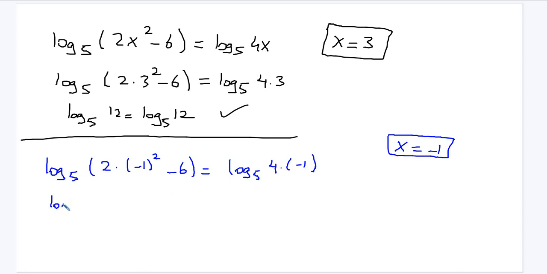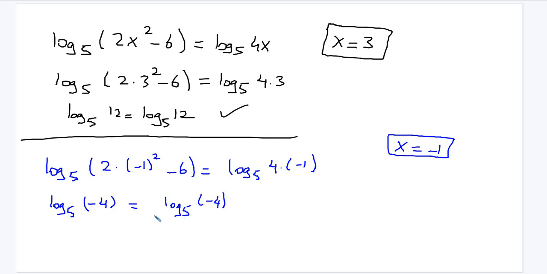Let's do the math here. If you see what's 2 times negative 1 squared minus 6, you will see it's a negative 4, maybe in parentheses like that. And if you do the same thing on the right, you will also see it as negative 4. So looks like this looks good, right?